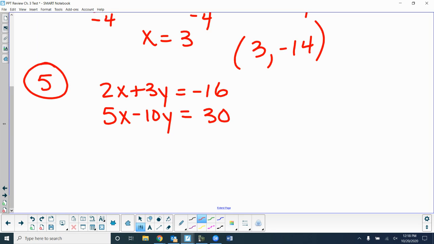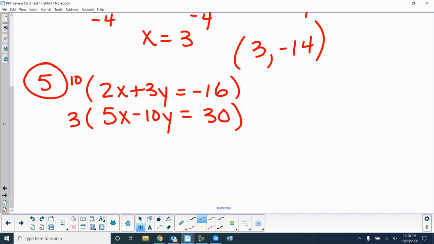Okay? Again, it's your choice on that. When you got to do both of them, it doesn't matter which one. If you guys did the x's and you did the top by 5 and the bottom by 2, it's okay. It'll still work. Okay? Just remember to multiply everything in the equation by that number.